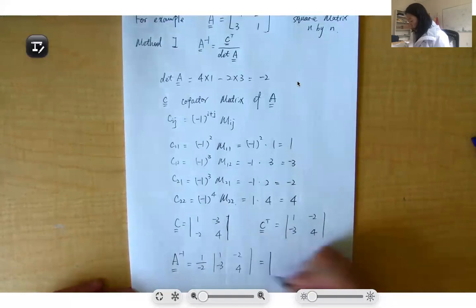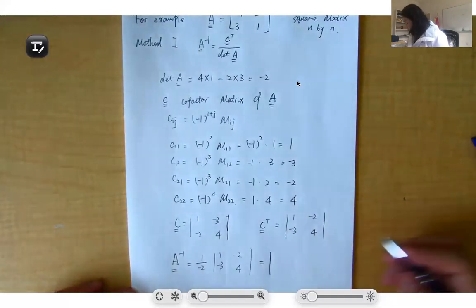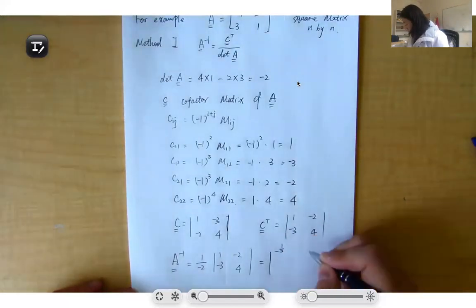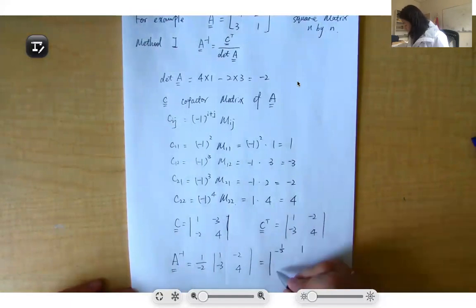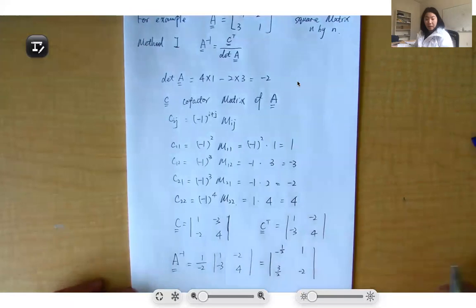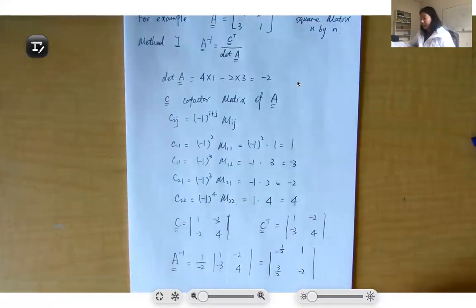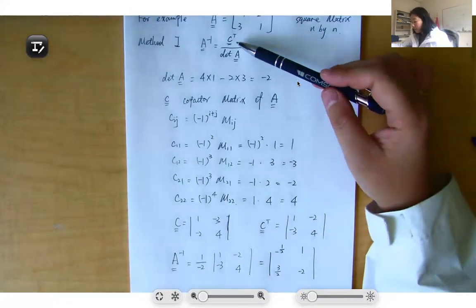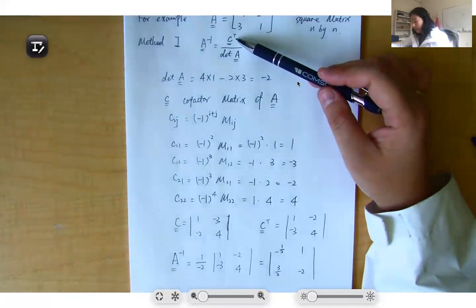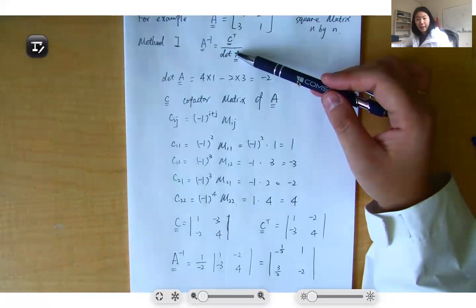So in the end, the A inverse will be equal to -1/2, 1, 3/2, -2. So this is the A inverse using the first method, which is the transpose of the cofactor matrix of A divided by the determinant of A.